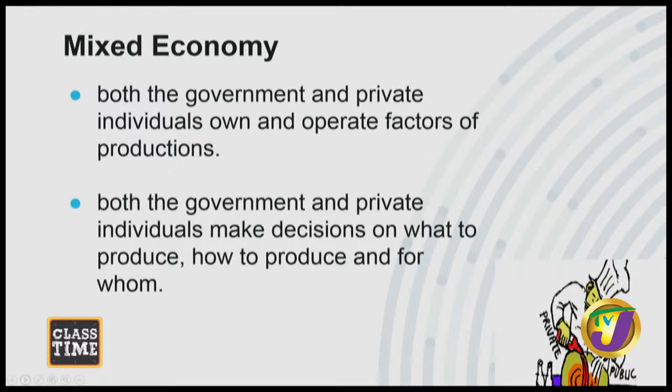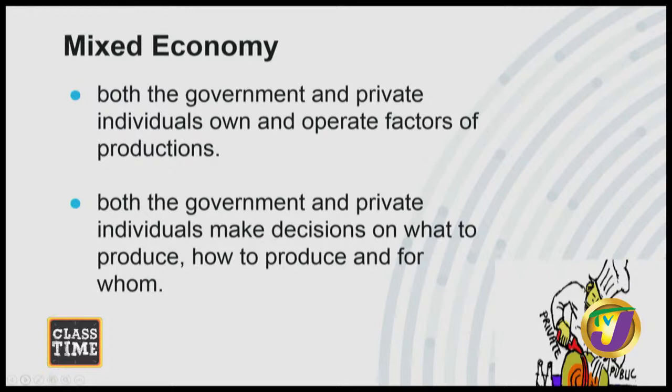So what are the features? You'll find that both the government and private individuals own and operate the factors of production, right? I wouldn't say it's equal, but they own factors of production, and so they will produce goods and services accordingly.